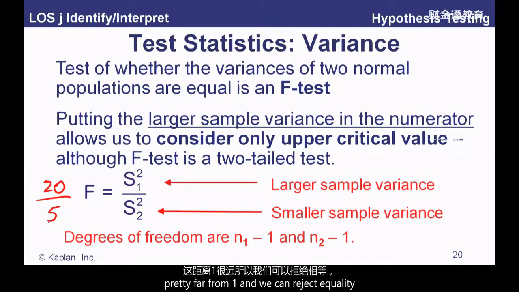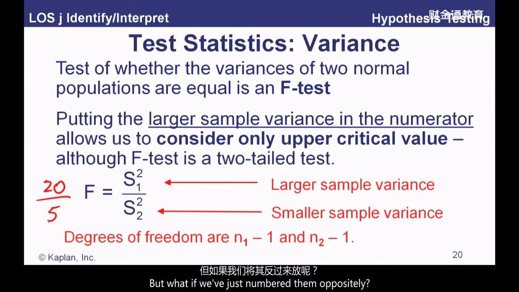We can assume that's pretty far from 1, and we could reject equality, at least under some pretty innocuous assumptions. And so we would be above the upper critical value. I'm just making up a number, but let's say the upper critical value was 2.2. Well, we're above that. We're going to reject equality. We're too far away from 1.